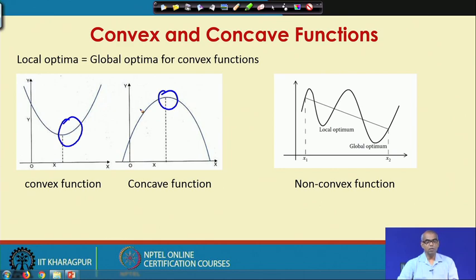So, local optima and global optima are the same for convex and concave functions, but for a non-convex function you will have multiple optimum points. There will be local optimum, there will be global optimum.